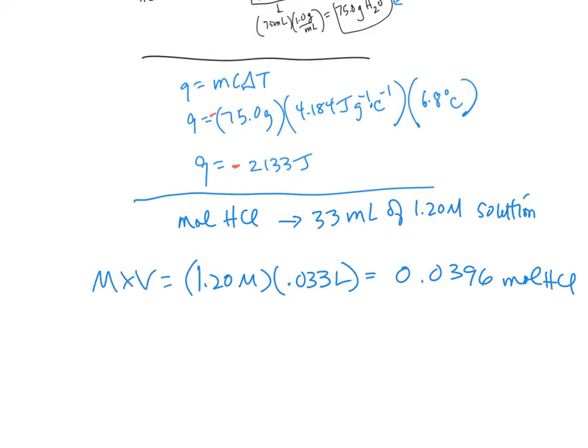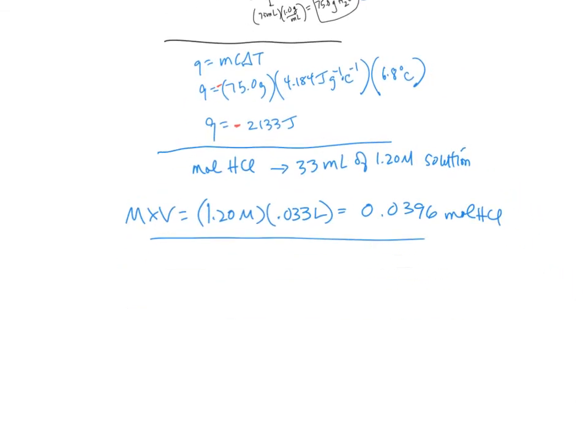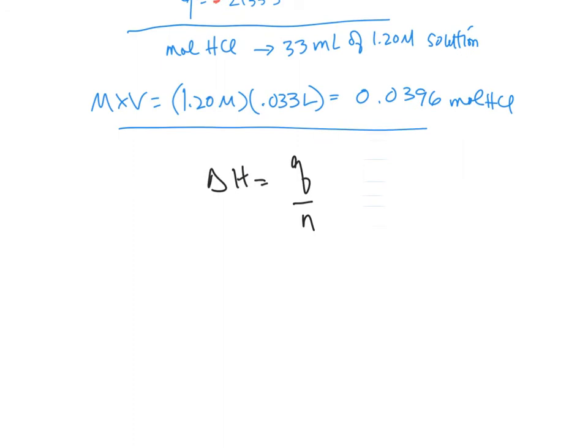All right, now we got our moles, and then the next part here is to take the heat and divide by the number of moles. So earlier I was saying that delta H and Q are the same thing. Well, they are, as long as it's a mole of substance. You want to look at the difference here. Delta H is going to be Q, whatever your heat is, divided by whatever your moles are. Okay, so that's not 100% what I said before.